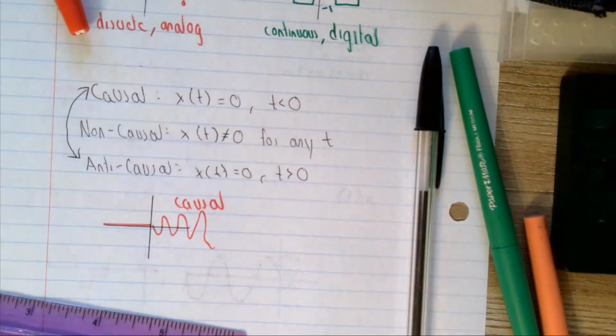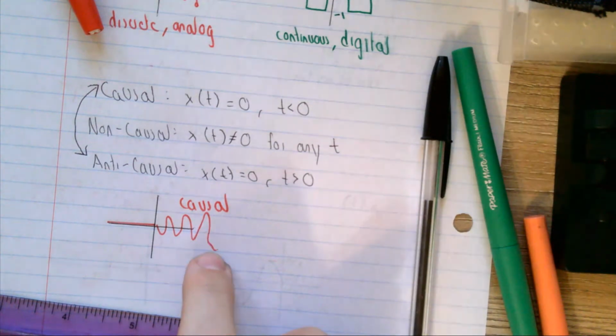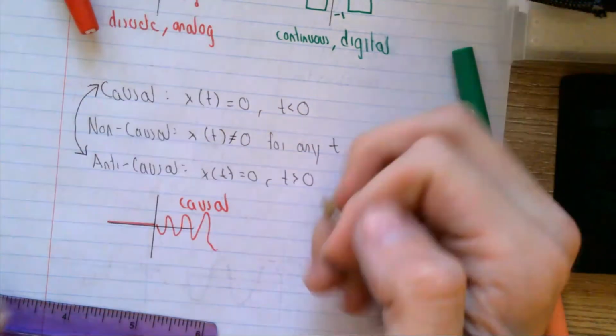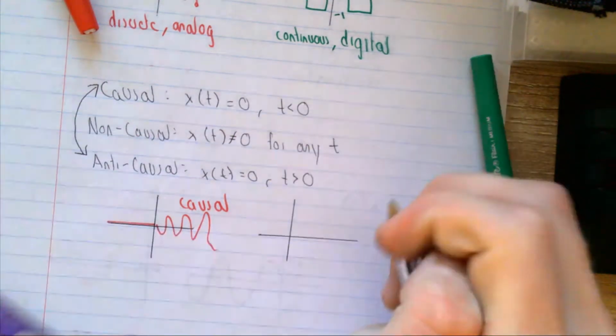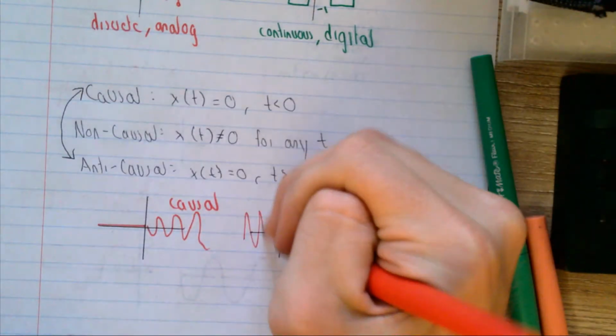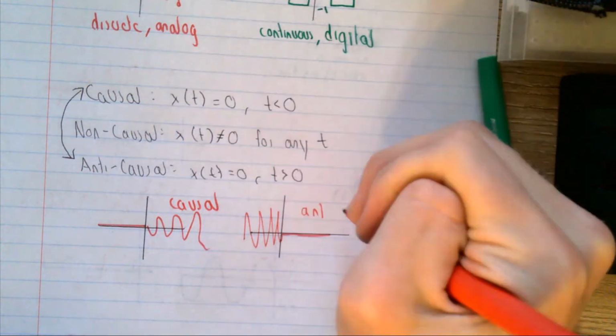Okay, let's get back to it. So if this is causal, for any time less than 0, it's 0. Anti-causal, let's just look at the exact opposite. So if it's anti-causal, that means anytime past time equals 0, it is 0.